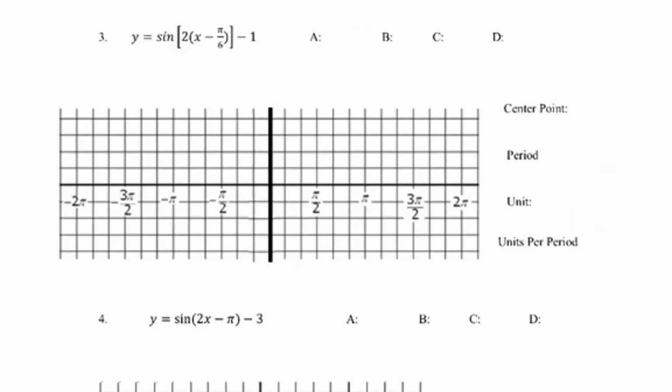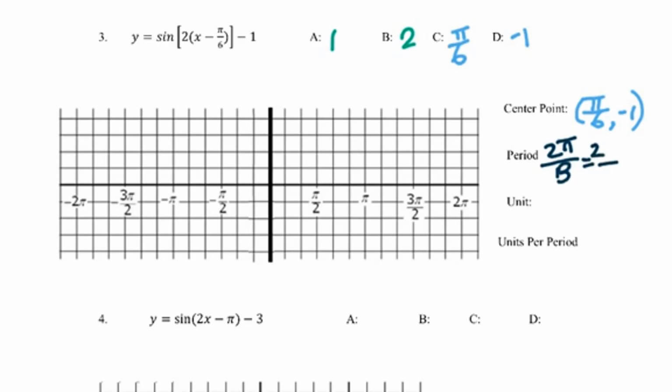Let's go to number 3. A will be 1, B is 2, C inside is negative, therefore opposite of negative pi over 6 is pi over 6. D is negative 1. Center point will be pi over 6, negative 1. Period, that's 2 pi over B, means 2 pi over 2 equals pi.